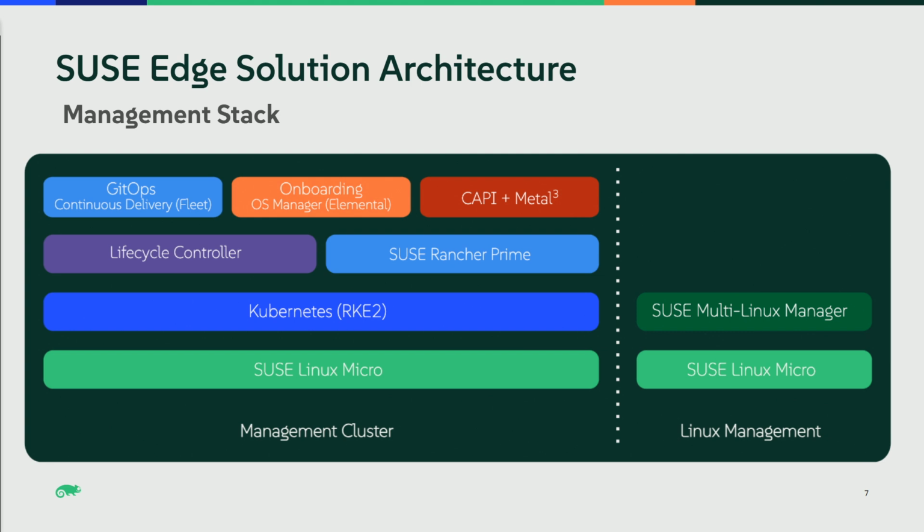We have the GitOps integration. At SUSE we are using Fleet, but in some cases we have customers using Argo CD, so you can use other CI/CD frameworks just as well.